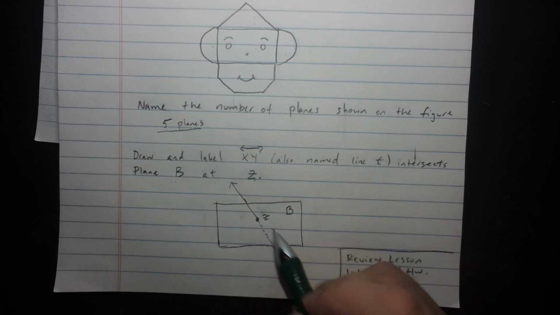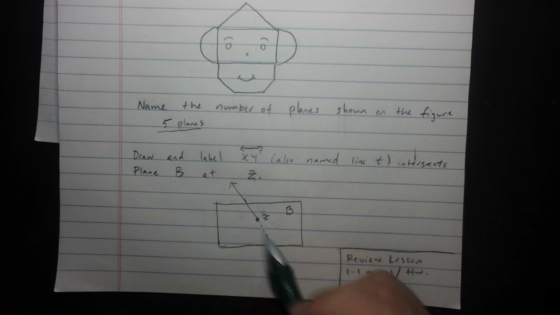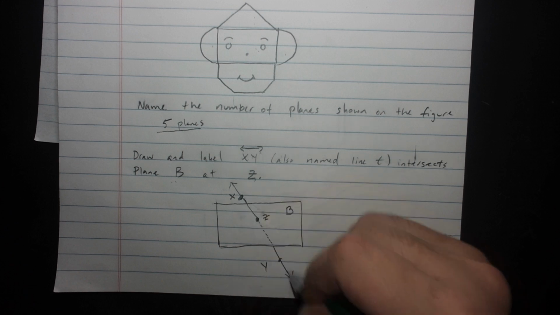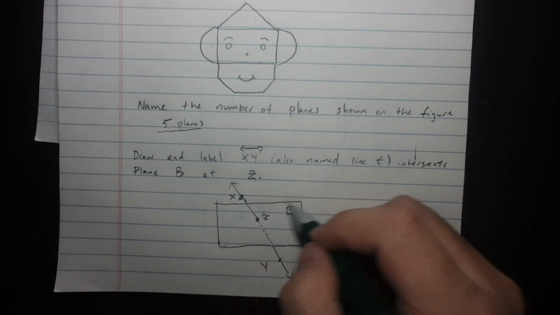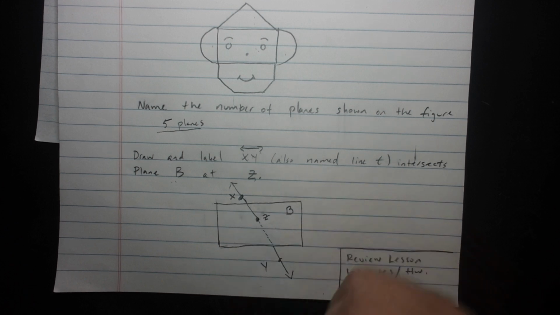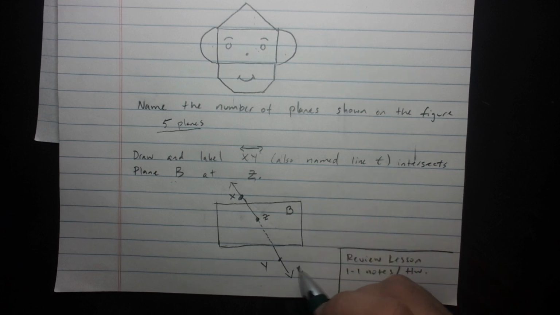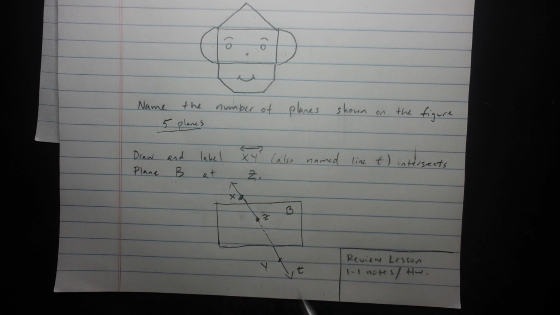And don't forget, we got to label this line. So here's X, and here's Y. So I have line XY, which intersects this plane at Z or point Z. And we can also call this line T, the line itself, line T. So this might be really, really difficult to understand what's going on.